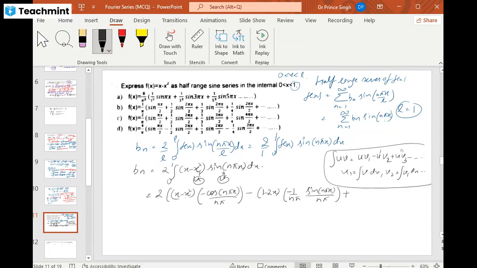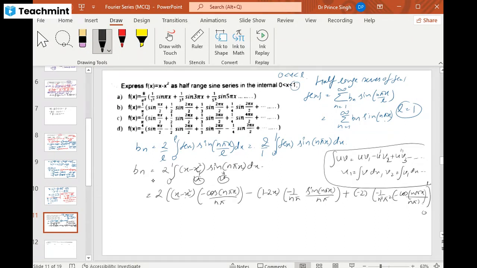Plus the derivative of 1 minus 2x is minus 2, and 1 upon n square pi square as it is. Integral of sine is minus cos n pi x upon n pi. Again the derivative of minus 2 is 0, so we stop our integration here, with the limit 0 to 1.